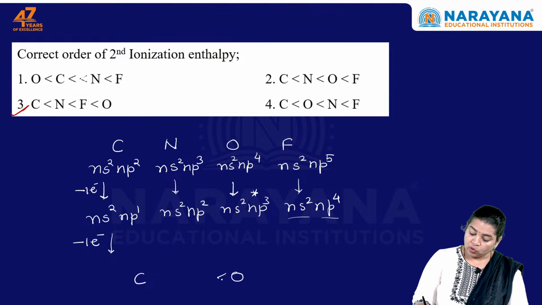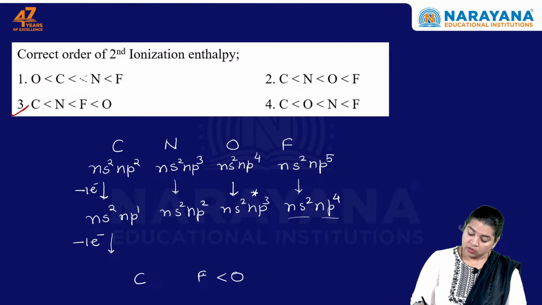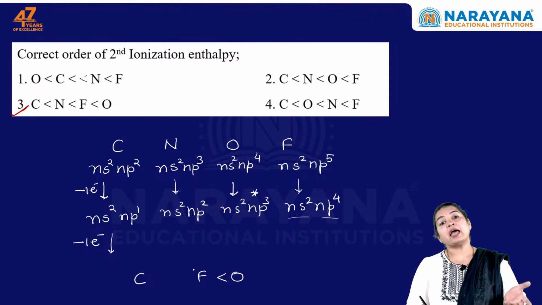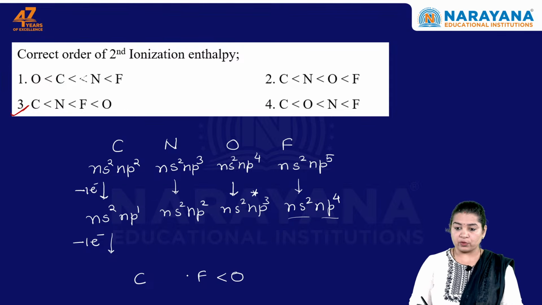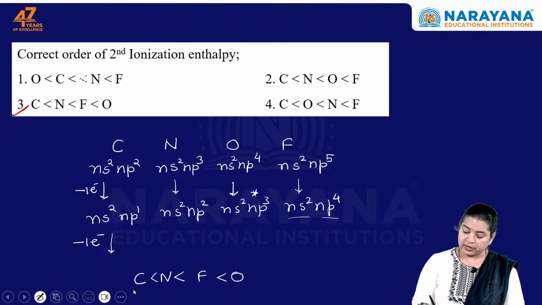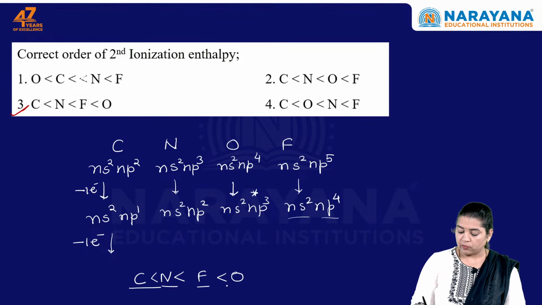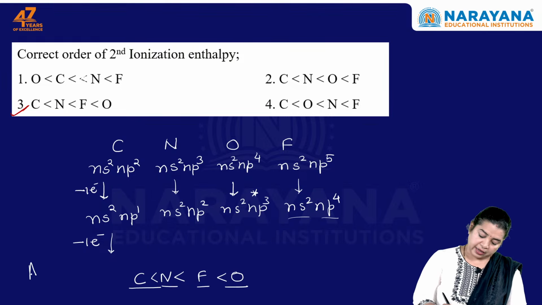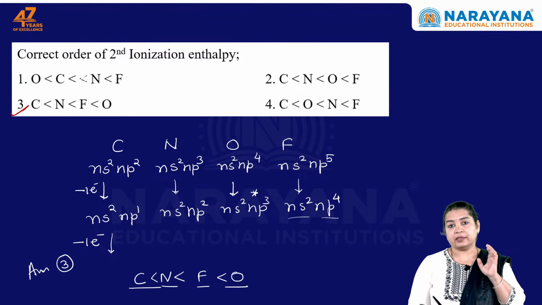As you know, Ns2Np4 will have relatively more effective nuclear force, so it will have higher ionization energy than the Ns2Np2 configuration. So the order is carbon, nitrogen, fluorine, oxygen, and therefore the answer for this question is third.